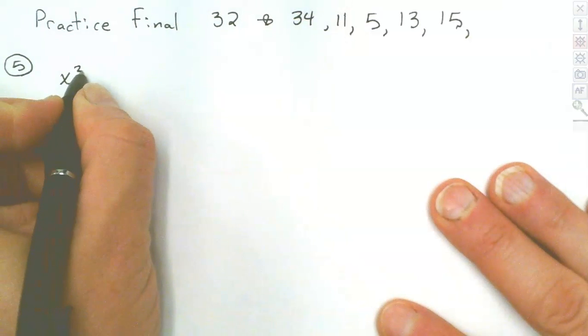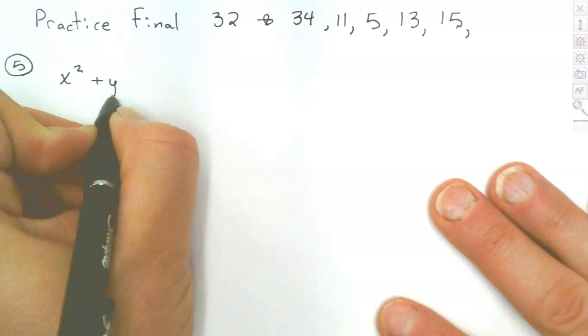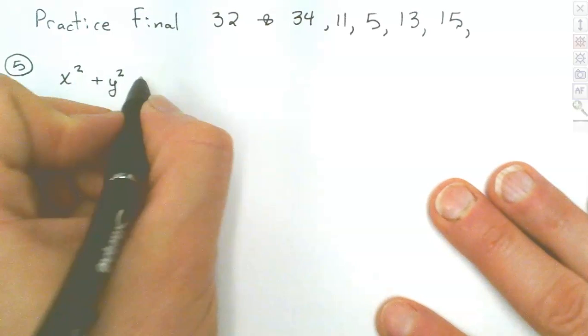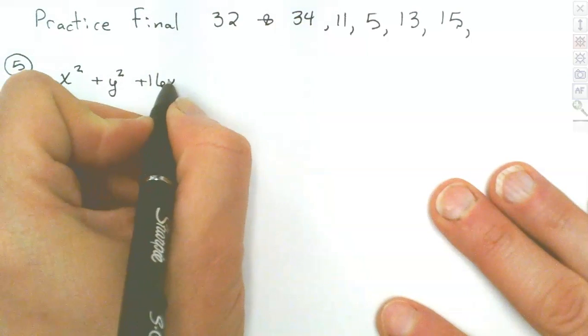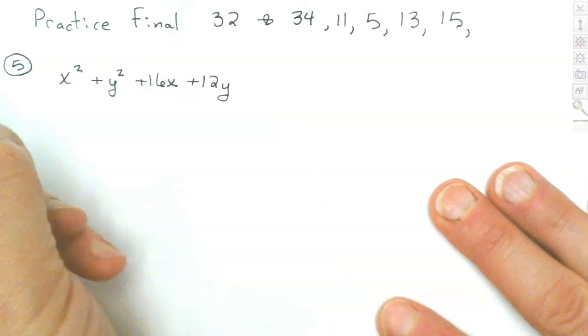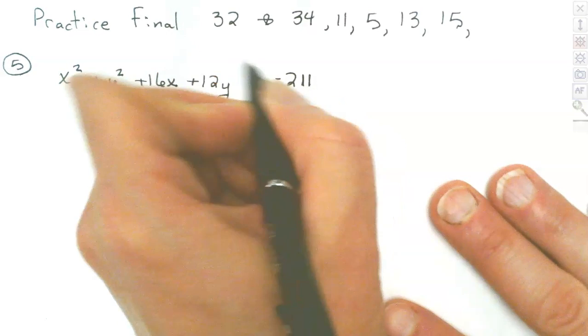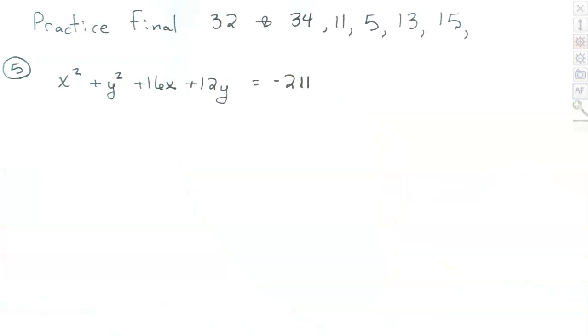So what we've got, and this is going to be a circle question, is x squared plus y squared plus 16x plus 12y, and I'm going to go ahead and move that 11 over. Because you always want to make sure on these circles that all the variables are on the left and just that number's on the right. So I'll move that 11 over at the very beginning. I didn't want to write it again.